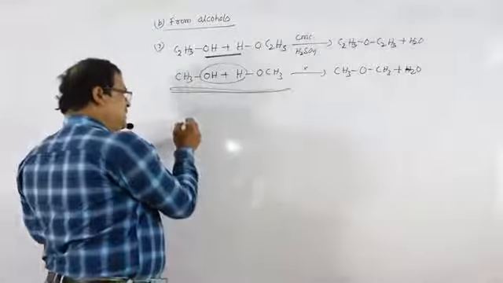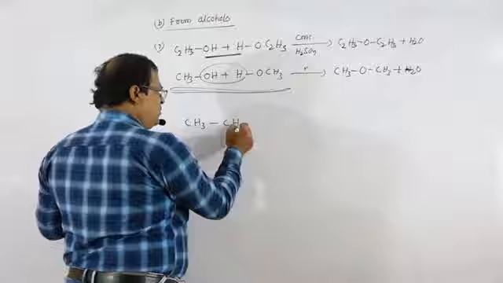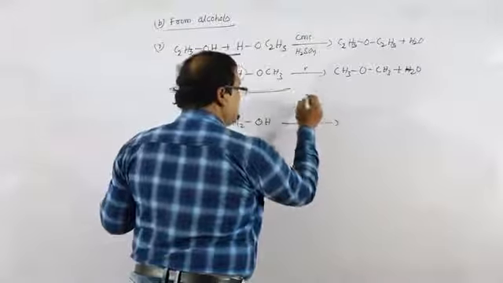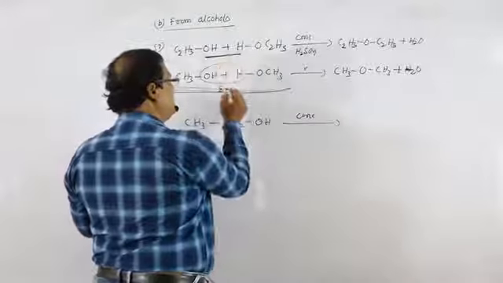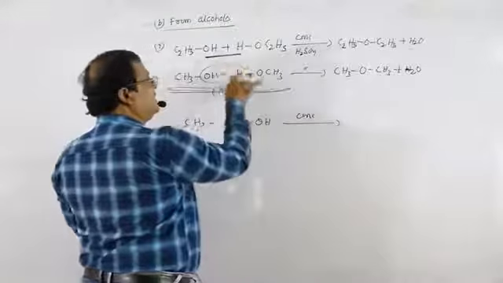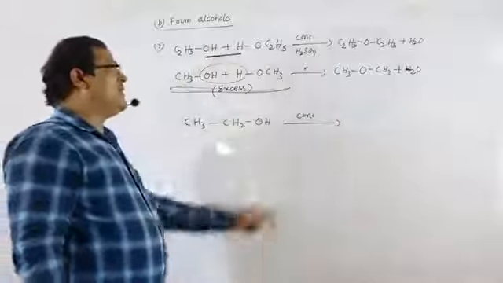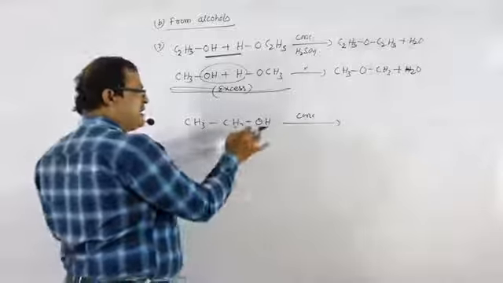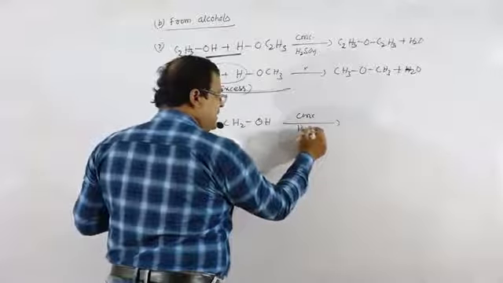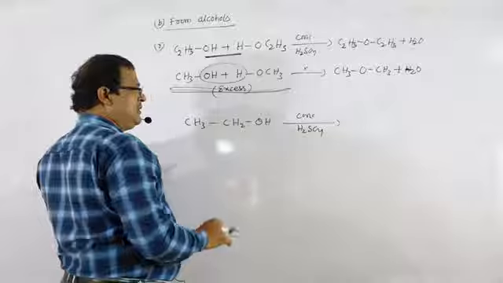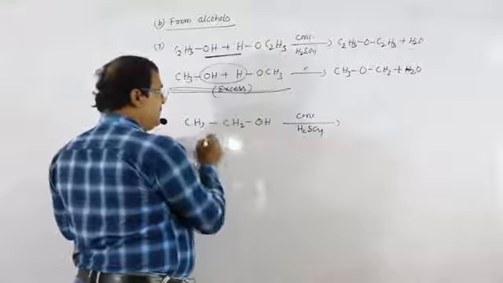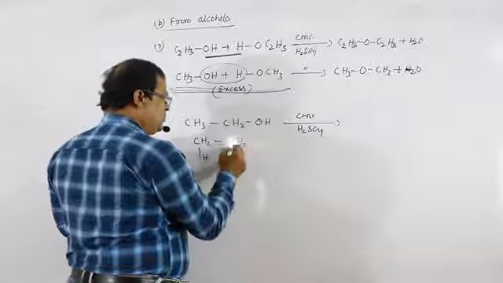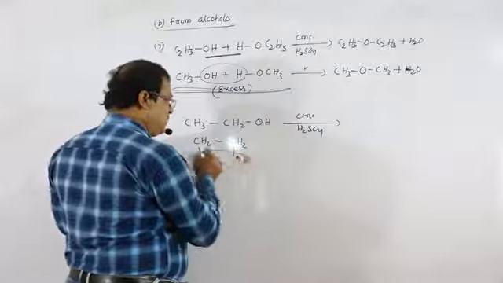For example, CH3CH2OH, that is ethyl alcohol, with concentrated sulfuric acid in excess. In the ether case, excess alcohol has been taken and the concentrated sulfuric acid, the dehydrating agent, is less. But in this case, if we take excess concentrated sulfuric acid and less ethyl alcohol, then from CH2H and CH2OH, H and OH combine to form water.